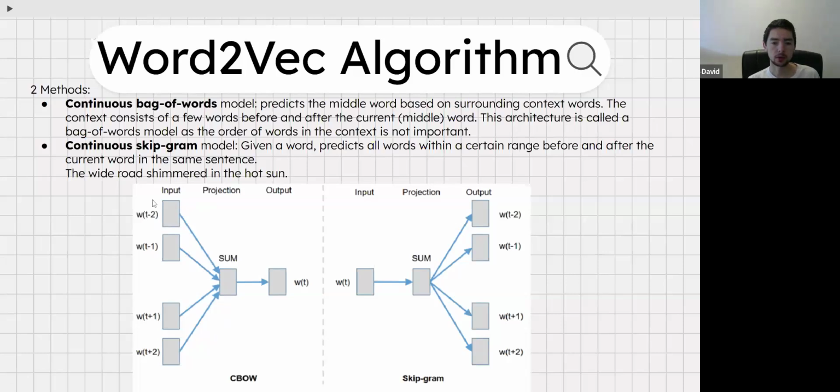Now, the continuous skipgram model takes a word and then tries to predict the word 2 words before, the word 1 word before, the word 1 word after, and 2 words after.